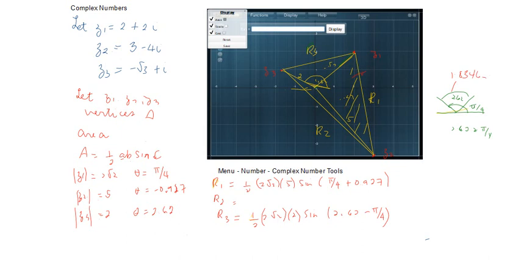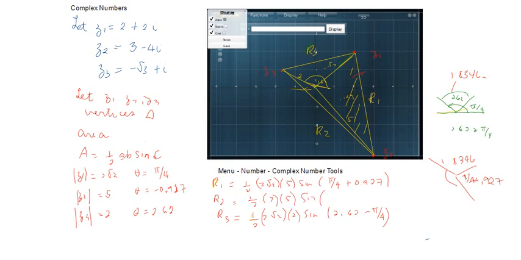So we're going to look at our triangle we have here. This is pi over 4 plus 0.927, and this one here is 1.8346. Therefore, for the second region, I already labeled that. We shall have 1/2, and the sides are 2 and 5, and then sine what?